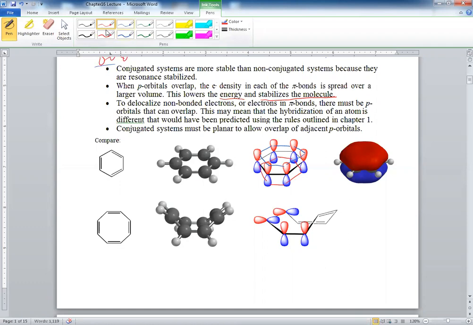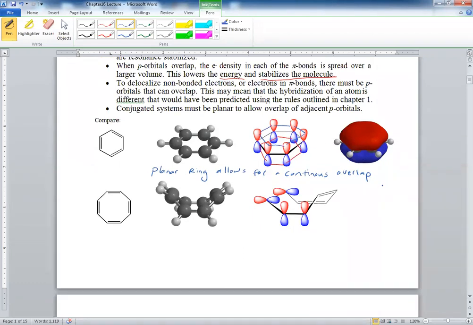So again, we write underneath here that a planar ring allows for a continuous overlap of p orbitals.